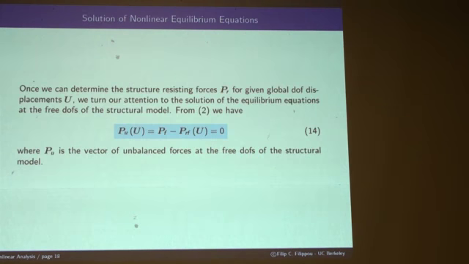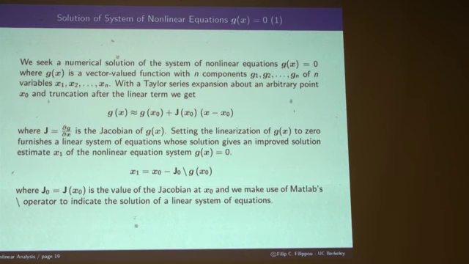All right. So if we can determine the resisting forces PR, we turn our attention to the solution of the global equilibrium equations, right? So unbalanced forces, applied minus resistance, have to be 0. This is a nonlinear system of equations. You guys realize that. And a nonlinear system of equations is simply solved by some kind of linearization method. Right? We don't know how to solve nonlinear system of equations.